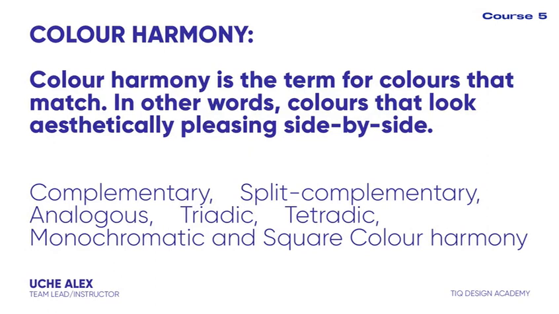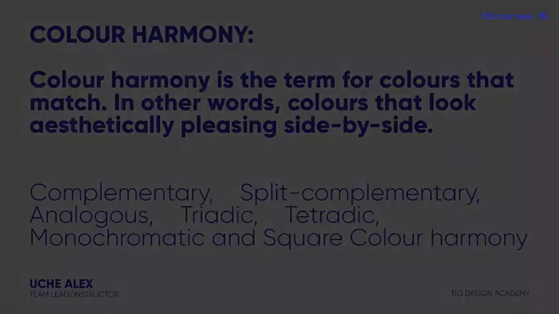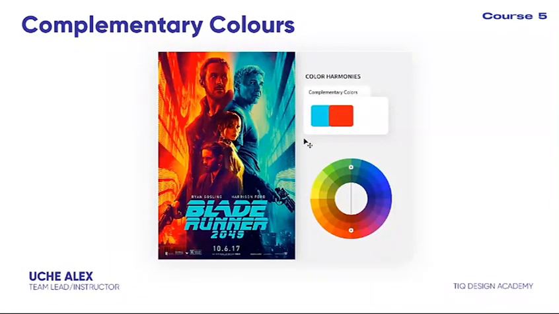Color harmony, or colors that match, have been studied and grouped into 7 parts. So, we have complementary colors, split complementary colors, analogous colors, triadic colors, tetradic colors, monochromatic colors, and square color harmonies. So let's look at complementary colors.